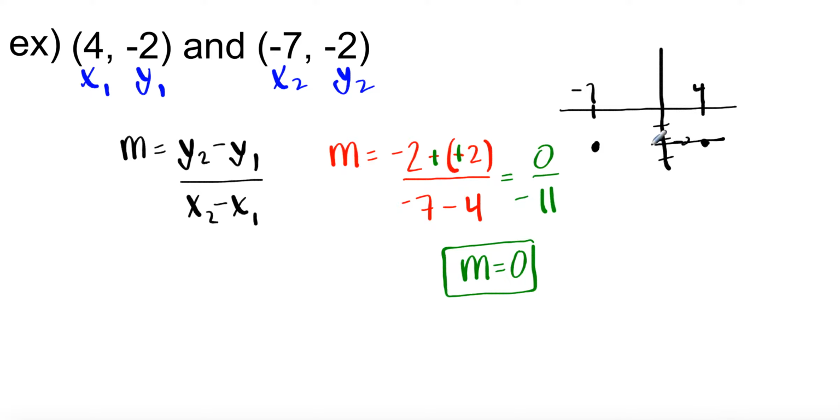And that would be the horizontal line that passes through y equals -2. A horizontal line has a slope of 0. It's like walking on the ground or on a treadmill with 0 incline. So you may recognize that by looking at the ordered pairs and seeing that their y coordinates were exactly the same.